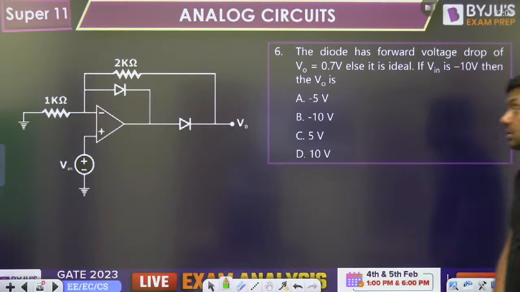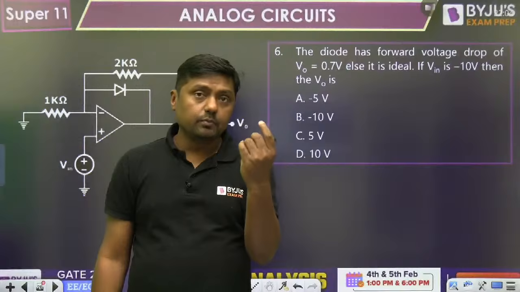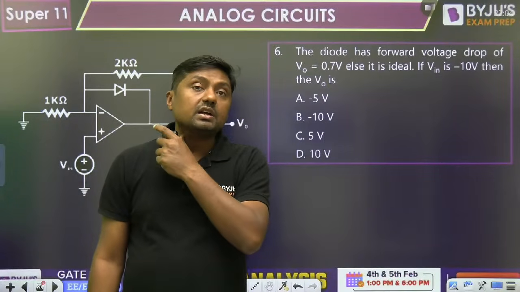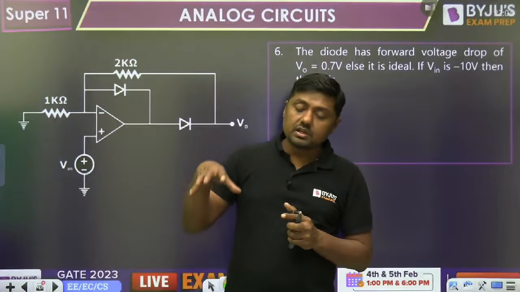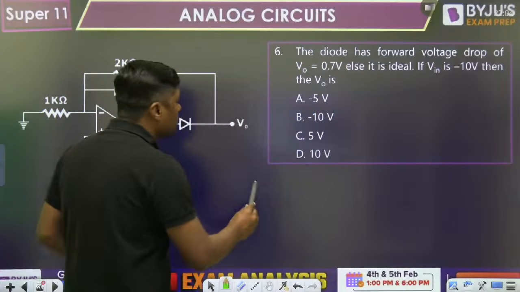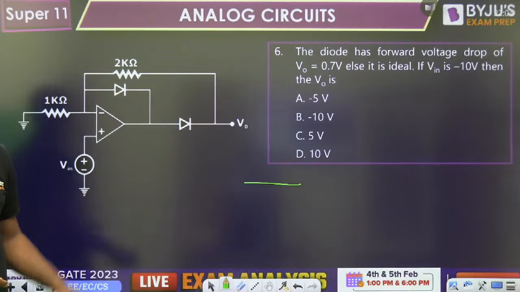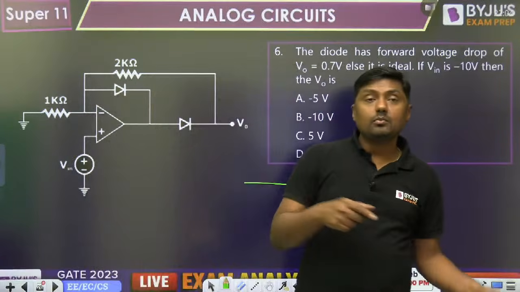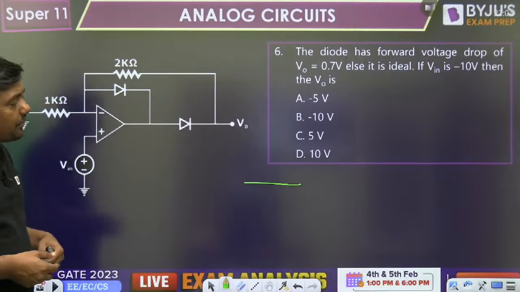Now, what is the answer? I want an answer from your side. The power dissipation across the Zener diode is very low as compared to the BJT. Please tell me, everyone, what about this line? Big or small? In MSQ you have to give this type of answer. We can't say, because it is a comparative term.